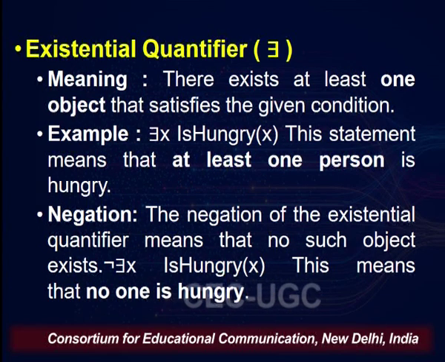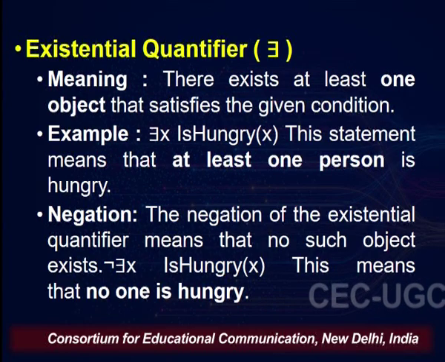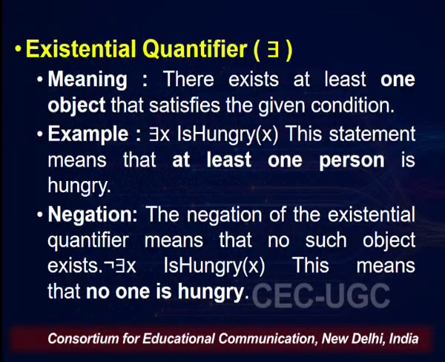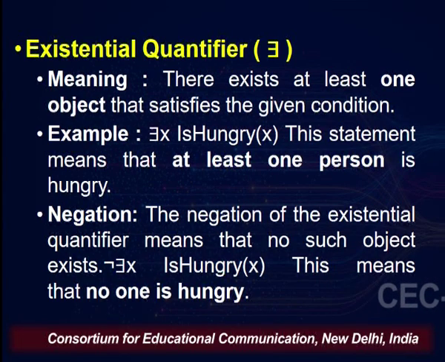This statement means that at least one person is hungry, and if we apply negation in front of this existential quantifier, it means that no such object exists. So, negation of there exists X is hungry X is interpreted as no one is hungry.